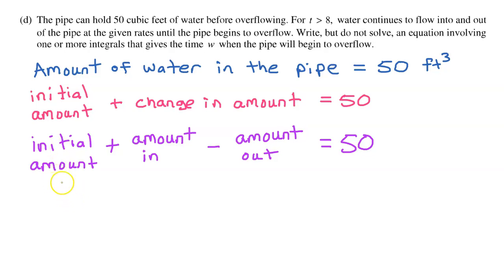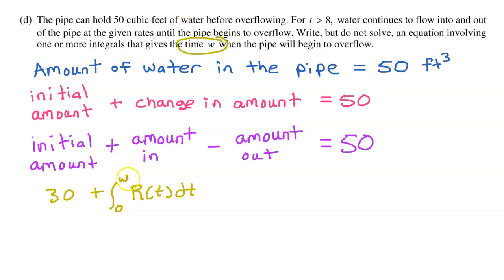We know that the initial amount of water in the pipe was 30 cubic feet at time t equals 0. The amount of water that entered the pipe will be the integral of the rate in from time t equals 0 to this unknown time w. We're trying to find the time when the pipe will overflow, and we are supposed to call that time w.